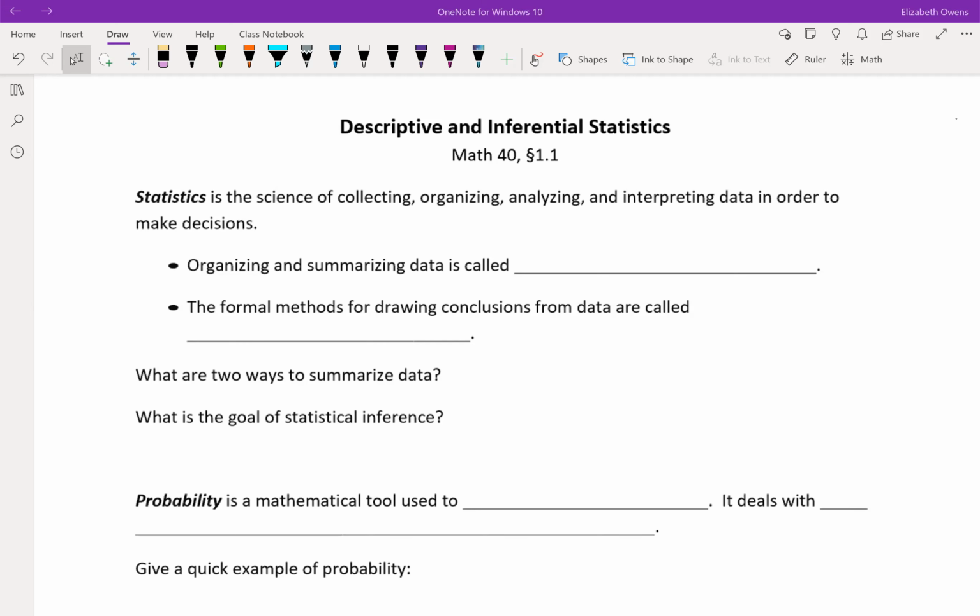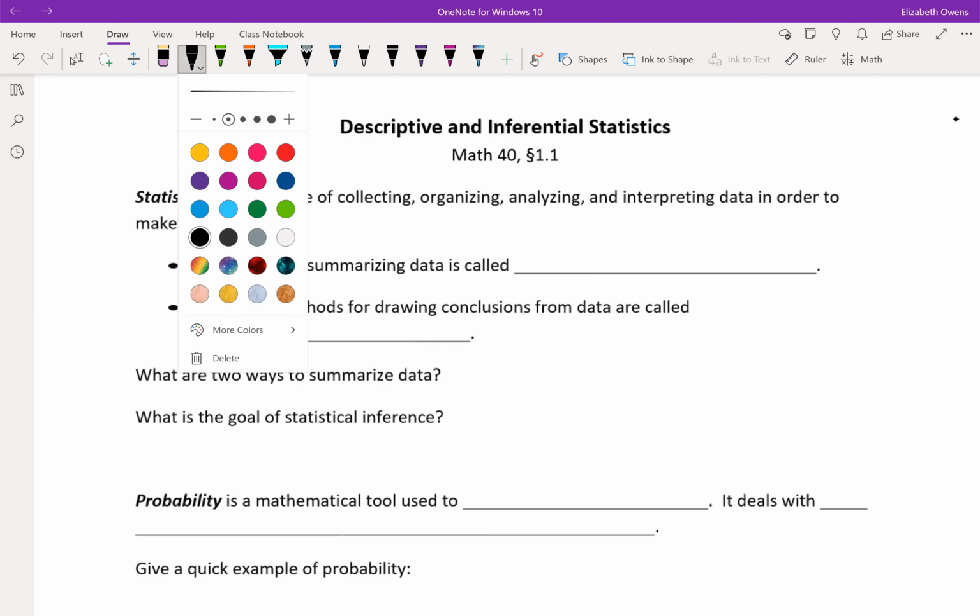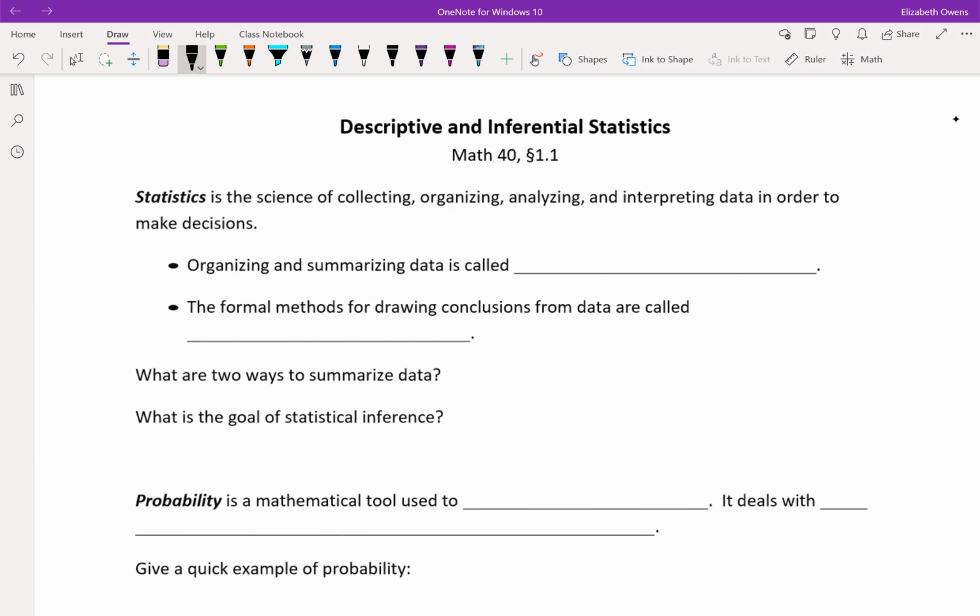All right, so we're going to begin with a look at the main topics of our course, starting with statistics, which is the science of collecting, organizing, analyzing, and interpreting data in order to make decisions. Now, this is something that is very common to need to do these days.